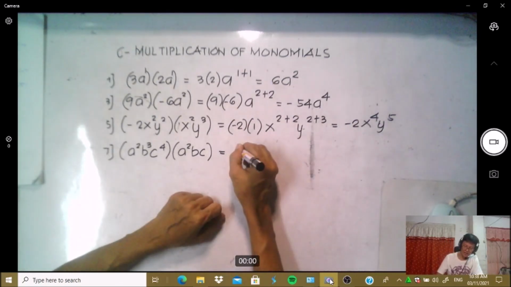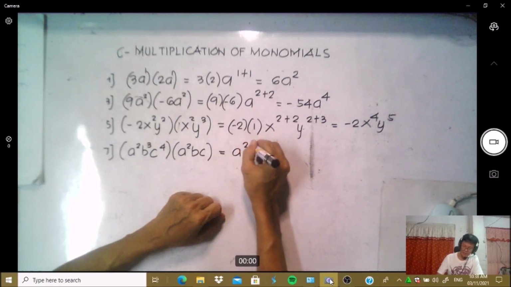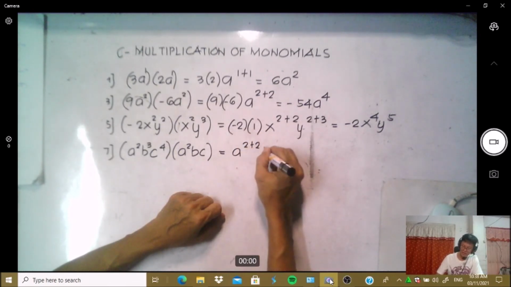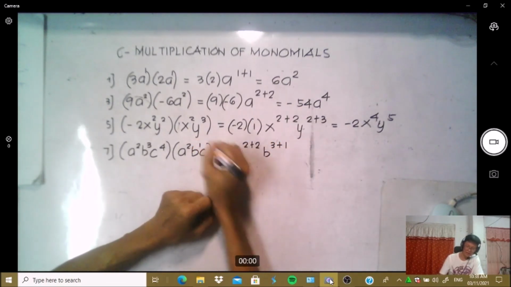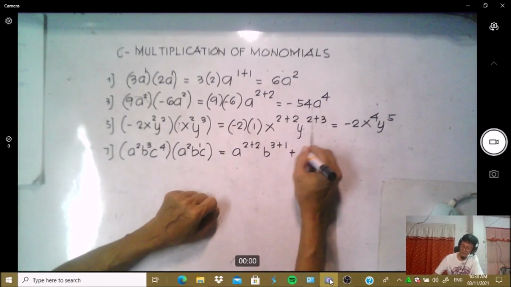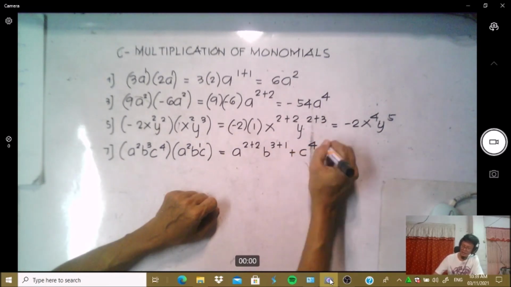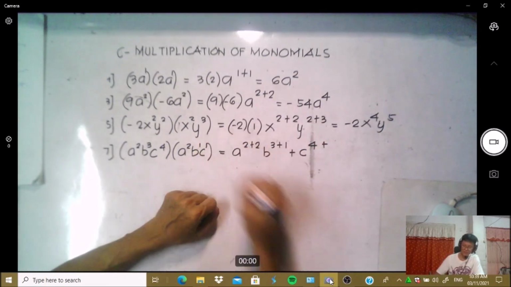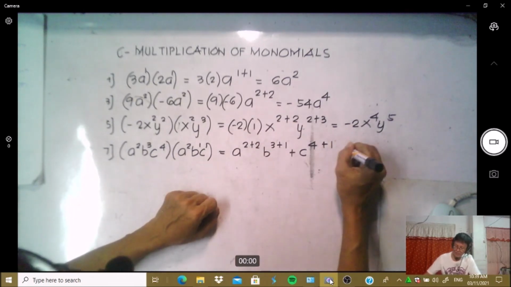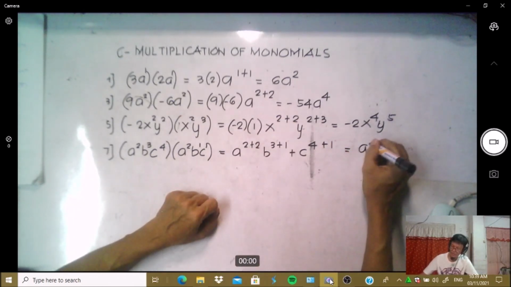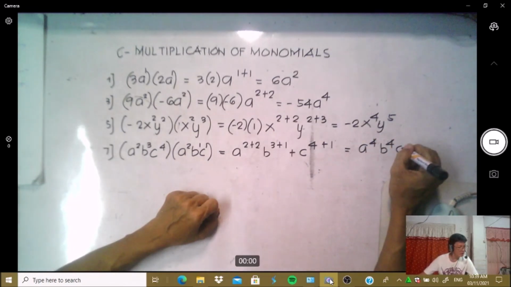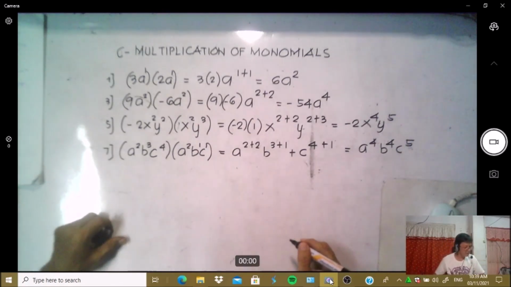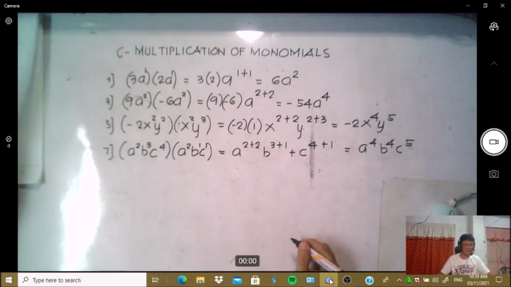So we have a raised to 2 plus 2, then b cubed, we have b 3 plus 1, and c raised to 4 plus 1. Therefore, our final answer is a raised to 4, b raised to 4, and c raised to 5. So we have a to the 4th, b to the 4th, and c to the 5th.